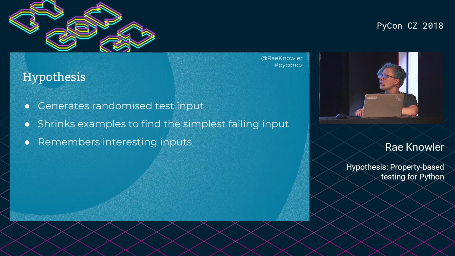And also what's cool is that when it's done that, it remembers interesting inputs. So it has a database, which is actually a kind of directory structure that it just saves in the same folder where you're running the tests, which contains the details of inputs for your tests that have failed before.